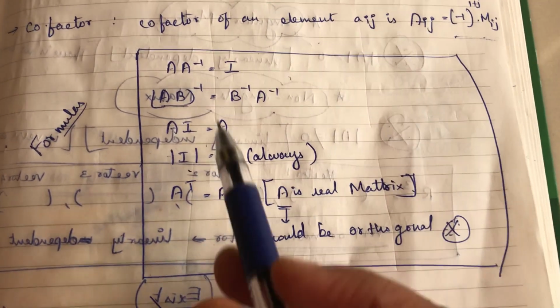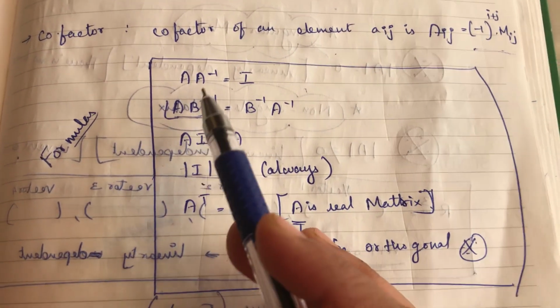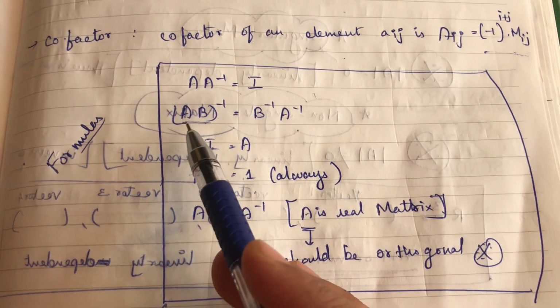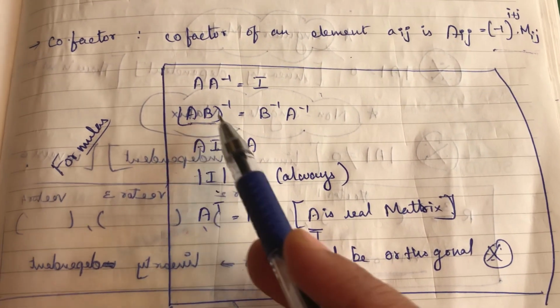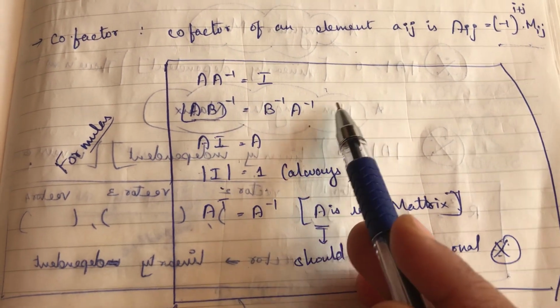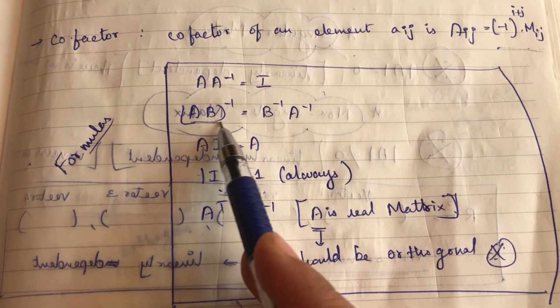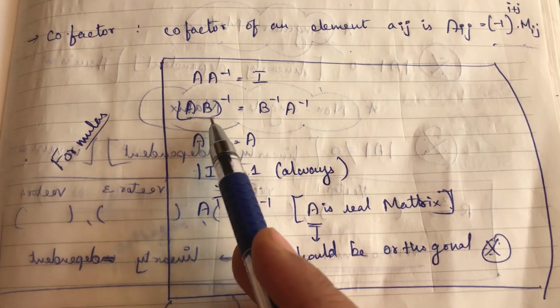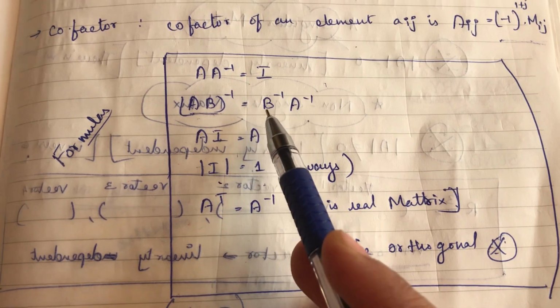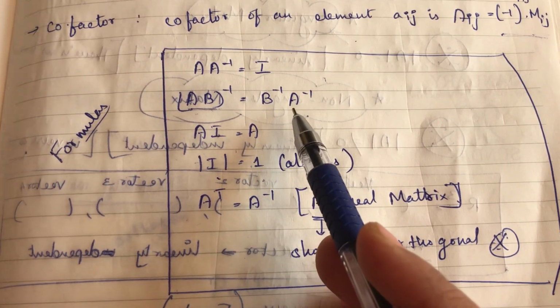Okay, and here I have written some important formulas. A inverse, which is equal to I, and if we have to find the inverse of AB, we can write it as B inverse and A inverse. If it is a multiplication, just write it in reverse order, like B comes first and after that A comes.